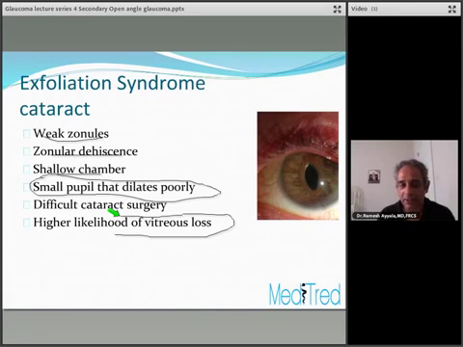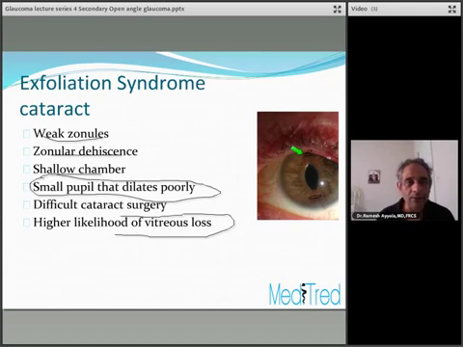I did a cataract extraction on this patient, saved the capsular bag, and put a 3-piece lens in the bag, sutured it to the iris, as you can see in this area and in this area. The patient did great. You just have to be familiar with these situations and plan for this kind of surgery in advance. And we'll show you some surgical videos later during our surgical lecture series.